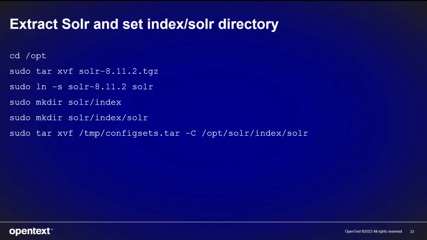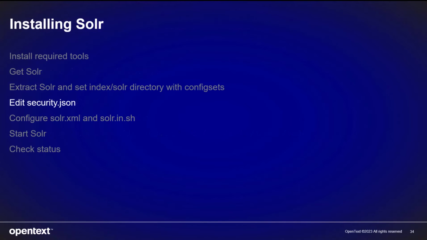The config sets are found on the UCMDB server in the search directory. There's a config sets folder. Just put that folder into a tarball, transfer it to your Unix box, and then I put it in the temp directory on my Unix box and then extracted it to the opt Solr index Solr directory.